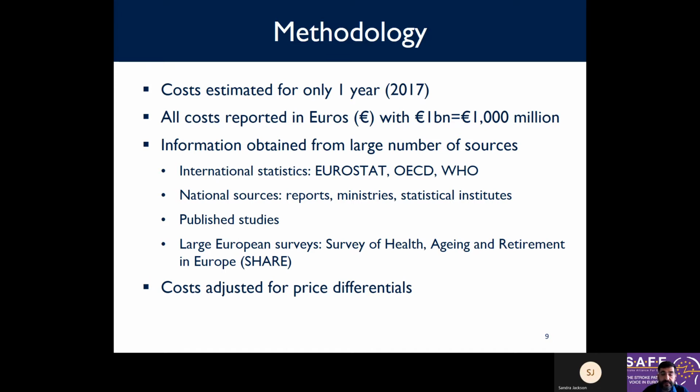We then looked at published studies, and we also made extensive use of large individual patient-level data European surveys, and prominent amongst them was the Survey of Health, Ageing and Retirement in Europe, SHARE.